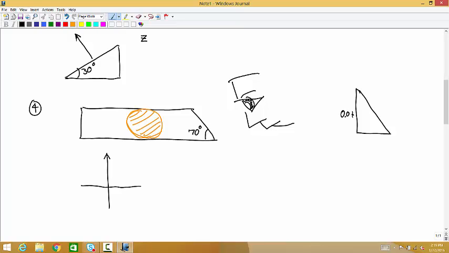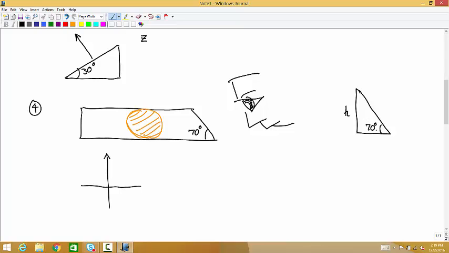It's 0.04. No. Yeah, but that's not how I want to think about it. Just think of this as being h, this height h, okay? And this angle is 70 degrees. Then what's the hypotenuse?